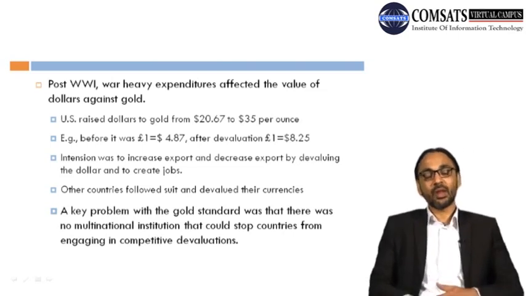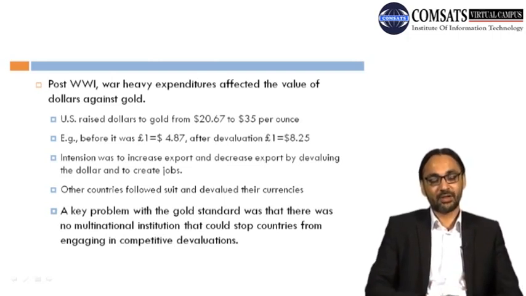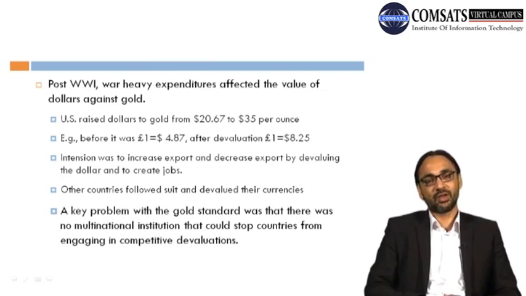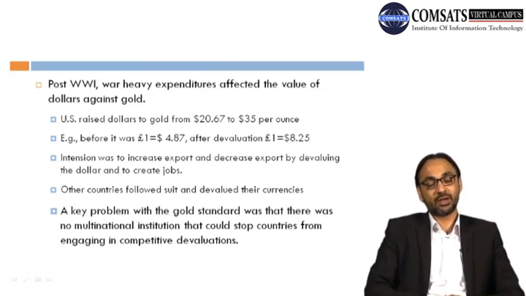After World War I, the problem was that the US raised the price of gold from $20.67 to $35. The main intention was to devalue their currency because they wanted to increase exports and decrease imports by devaluing the dollar and to create jobs.